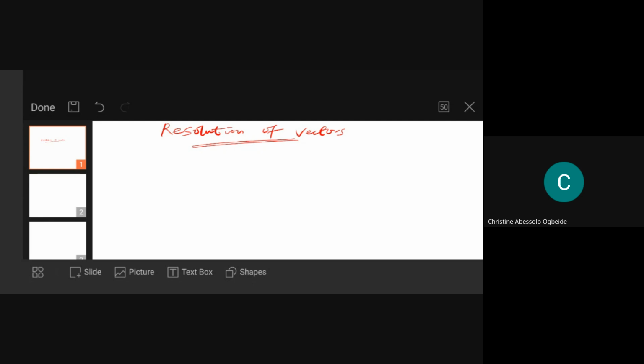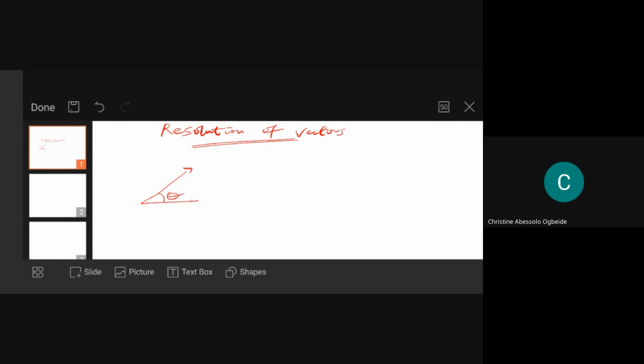So let's say I have a vector f inclined at an angle theta to the horizontal. So this is my vector inclined at an angle theta.